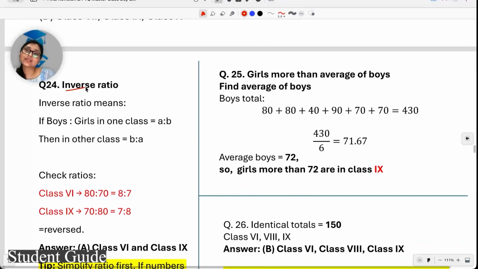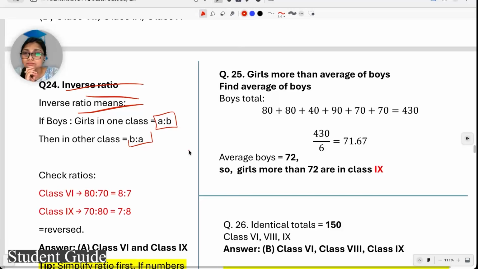For the first one, it is asking about inverse ratio. I have already mentioned that A is to B, and if you find the inverse, then it will be B is to A. So you need to go to the table and check whether anything inverse shows up in those particular rows of boys and girls.